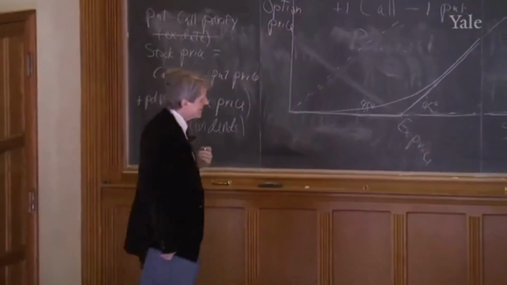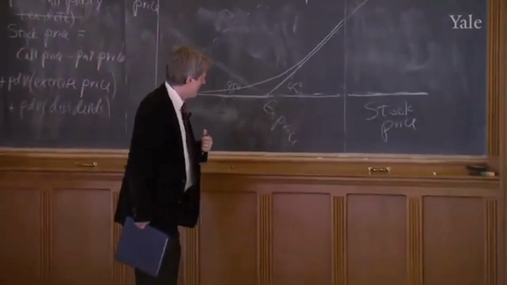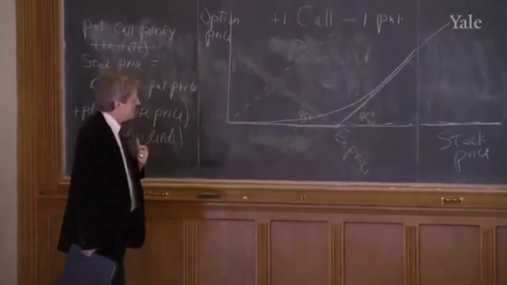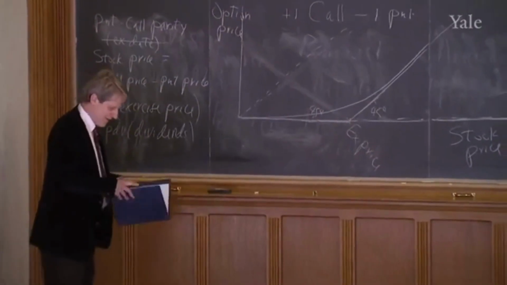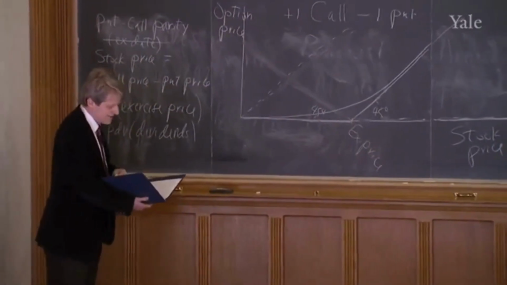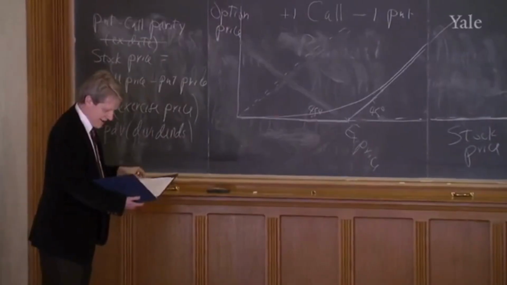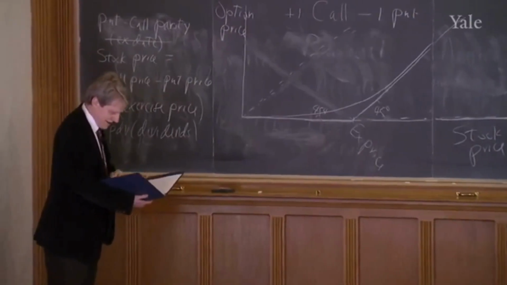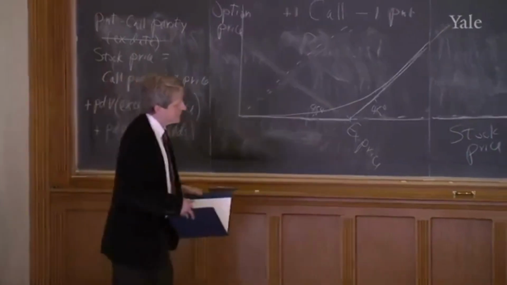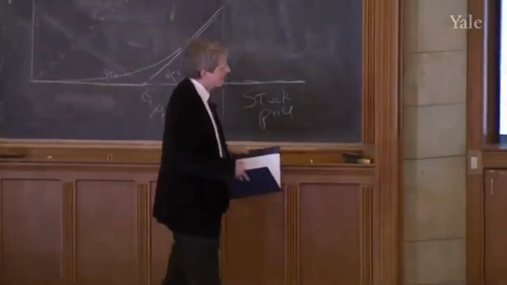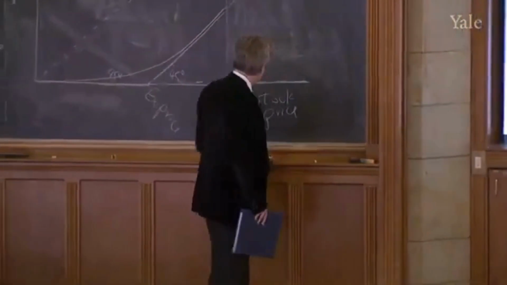So that's why the distinction between European and American options is not as big or as important as you might think at first. So we can just price European options, and then we can infer what other options, what put options, would be worth.